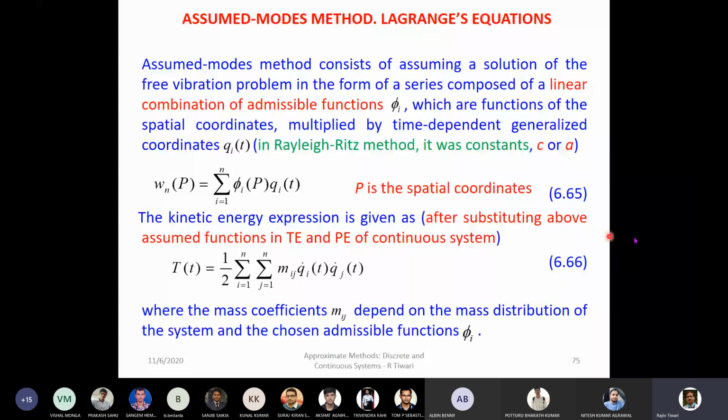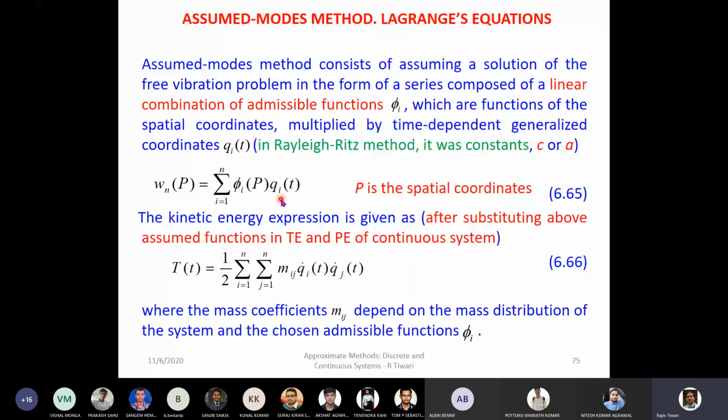So this assumed mode method is based on choosing a linear combination of admissible functions to start with. So this is the assumed solution, and this is the admissible function multiplied by the generalized coordinate.